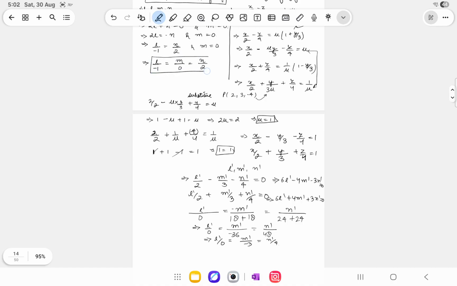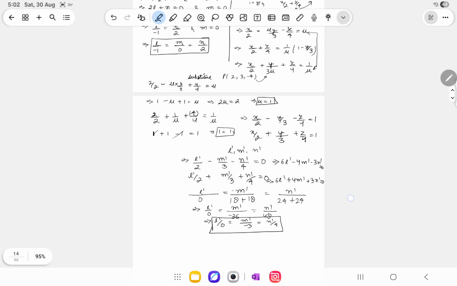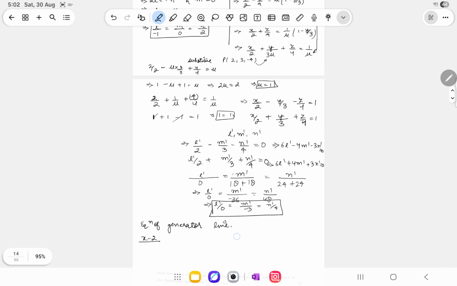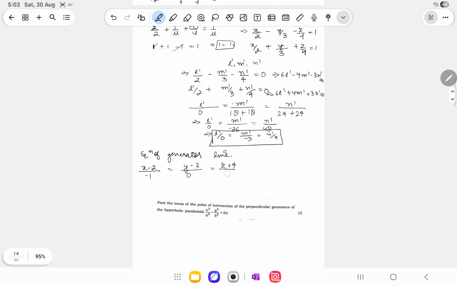So for the lambda family, the direction cosines are these, and for the mu family, the direction cosines are these. Since the generators pass through the fixed point 2, 3, minus 4, the equation of the generator line would be x minus 2 by minus 1 equals y minus 3 by 0 equals z plus 4 by 2.